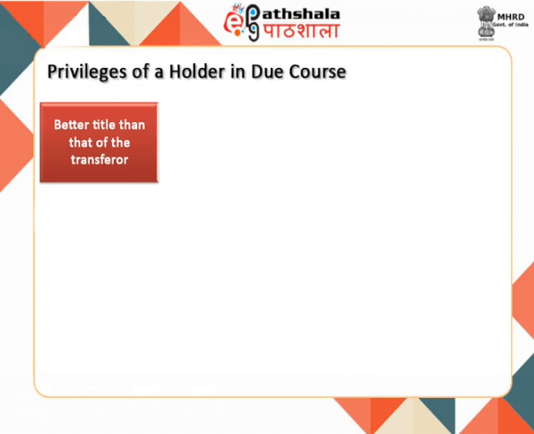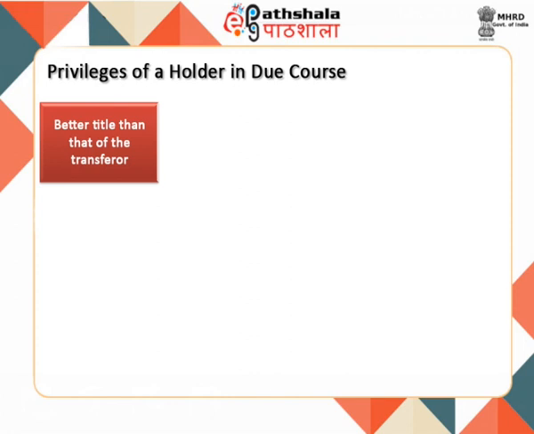Next are the privileges of a holder in due course. The holder in due course enjoys a privileged position under the Negotiable Instruments Act in comparison to a mere holder. He has rights superior to those of the holder.